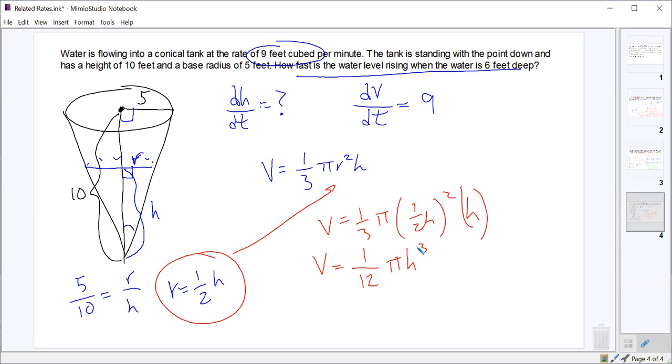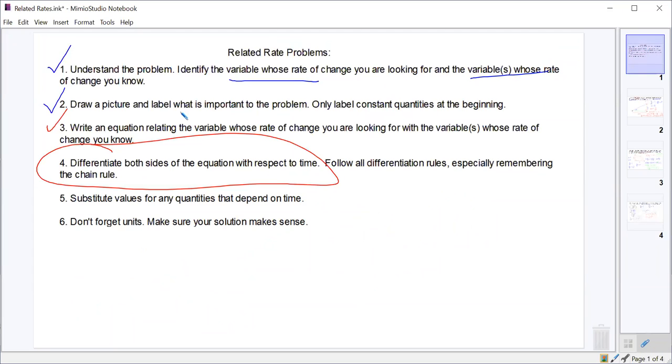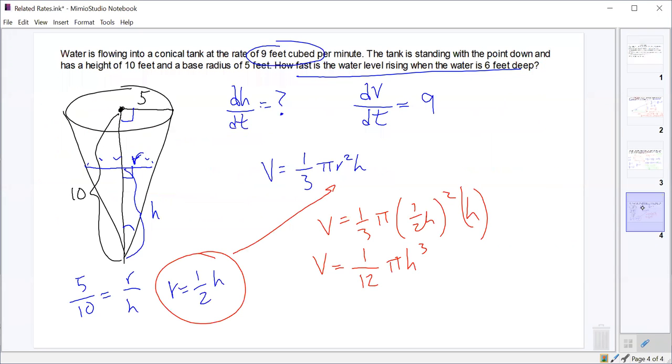Yeah, no, maybe. All right, so now we've gone through our steps. We've understood the problem. We drew a picture. We wrote an equation. Now we need to differentiate each side with respect to time. So that will give us on the left just dV/dt, and on the right 3/12, or 1/4, pi h squared dh/dt.